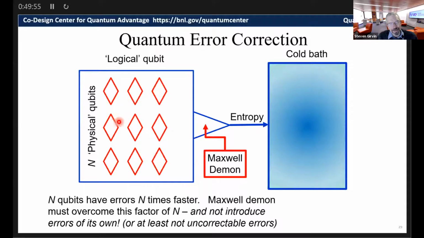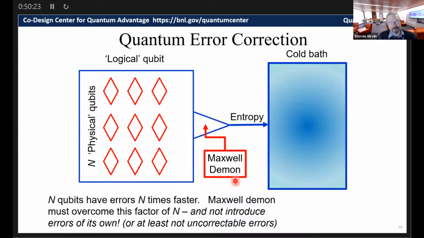So it happens 9 times faster. So you've taken a giant step backward. You've made the error rate 9 times worse. And the Maxwell demon has to be so fast and so accurate to overcome this factor of 9 and even go beyond that, so that the lifetime of this logical information is longer than if it had just been stored in a single unencoded physical qubit.